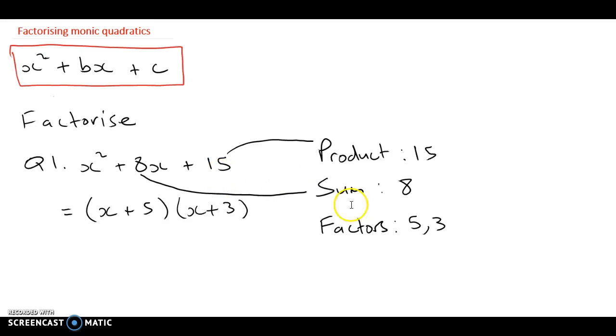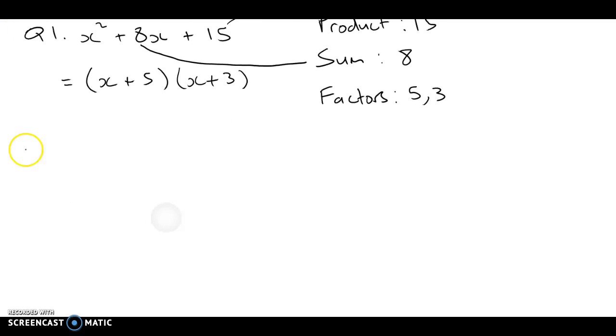Let's have a go at another example. Factorise 2x squared minus 10x minus 28.